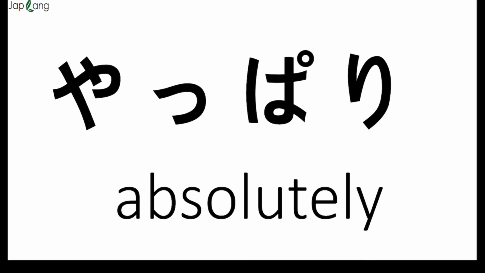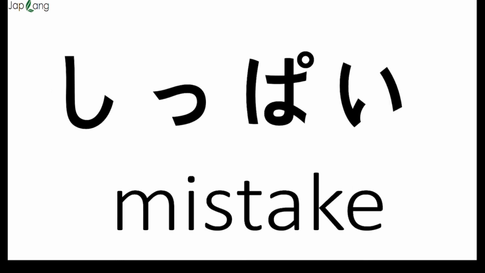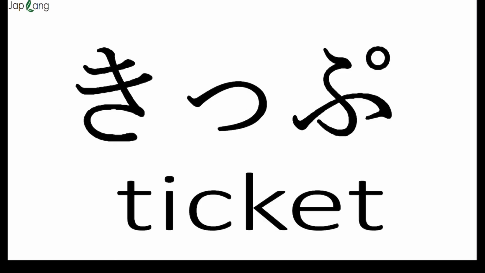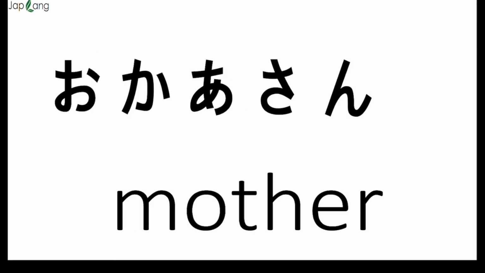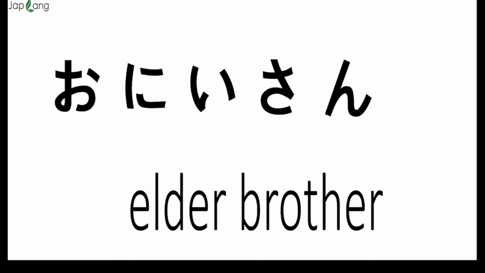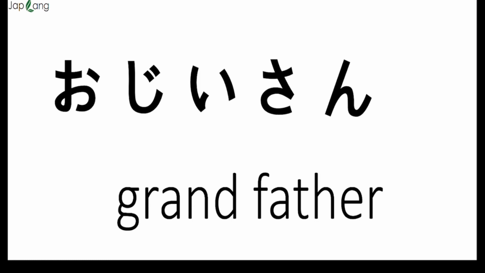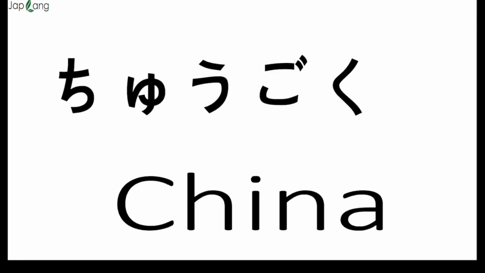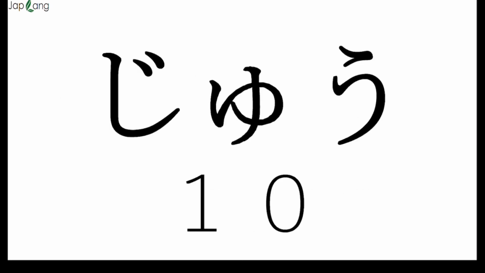Absolutely is yappari, mistake is shippai, full is ippai, ticket is kippu, mother is okasan. Someone else's mother, like a friend's mother, will be called okasan. Good is ii, elder brother is oniisan, grandfather is ojiisan, address is juusho, China is Chuugoku.